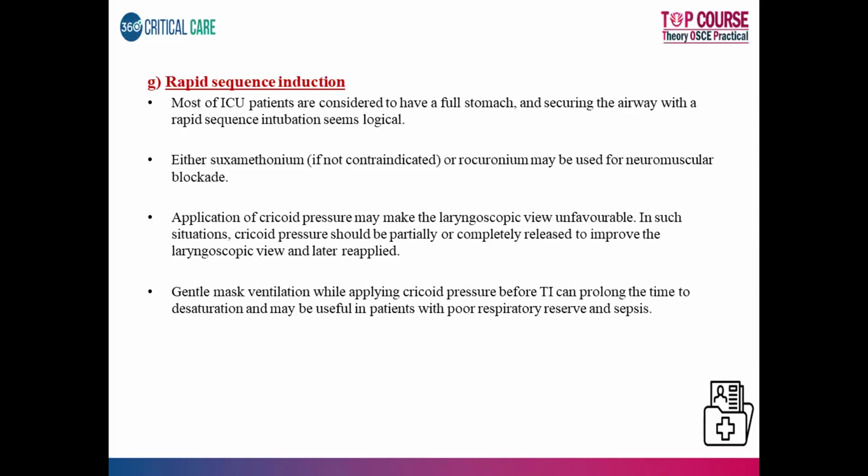In such situations, you have to apply the cricoid pressure either partially or completely release it to improve the laryngoscopic view, and later reapply it. Gentle mask ventilation while applying cricoid pressure before tracheal intubation can even prolong the time to desaturation, and may be useful in patients who have a poor respiratory reserve and in patients with sepsis.